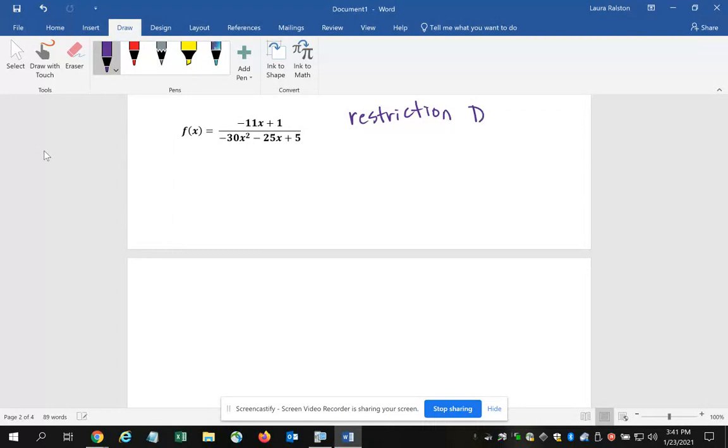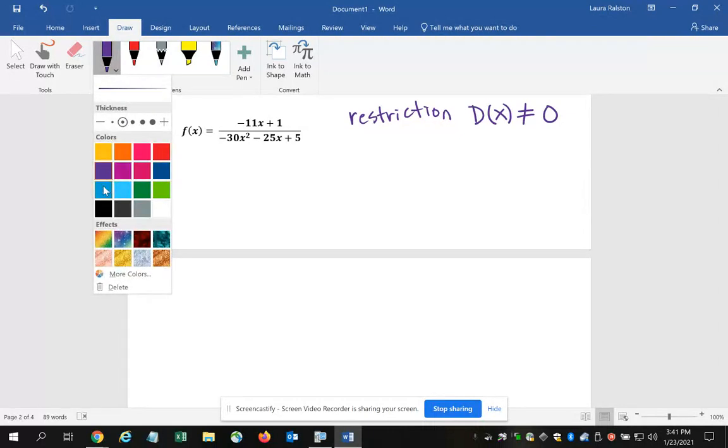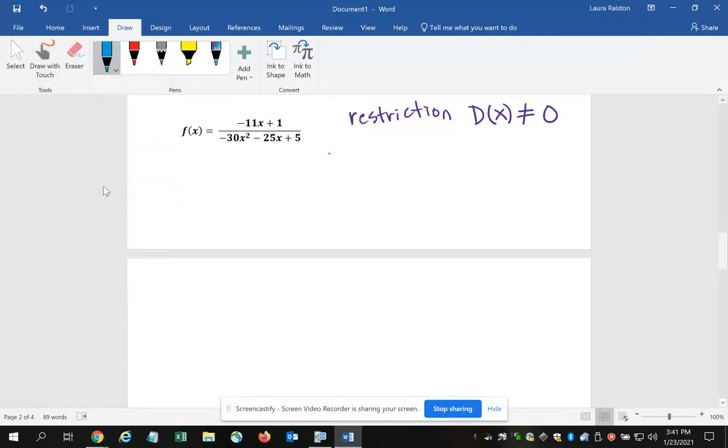And again, the restriction is that the denominator cannot be 0. So in this particular case, we have negative 30x squared minus 25x plus 5, and that cannot equal 0.